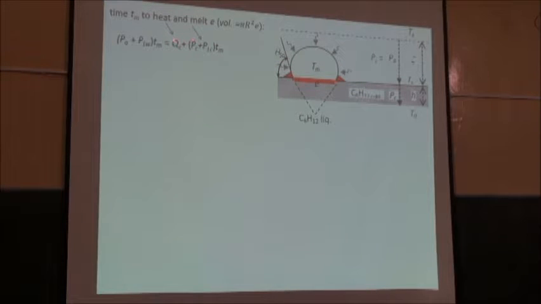Now this heat corresponds to the cooling power of the Peltier, plus the fact that you have to heat the layer, so that's the sensible heat of solid cyclohexane, and you have to melt cyclohexane, so that's the latent heat.